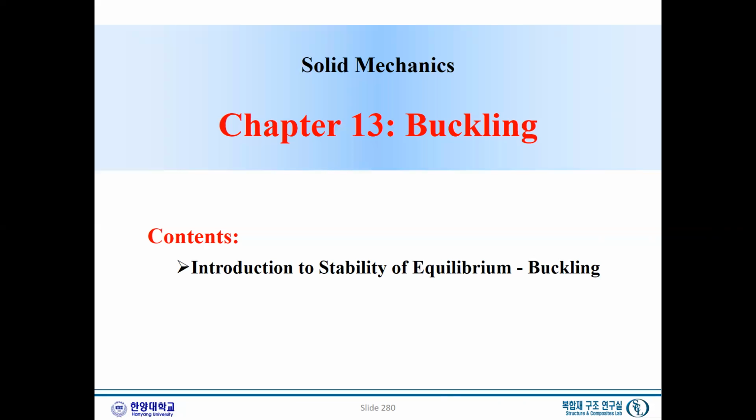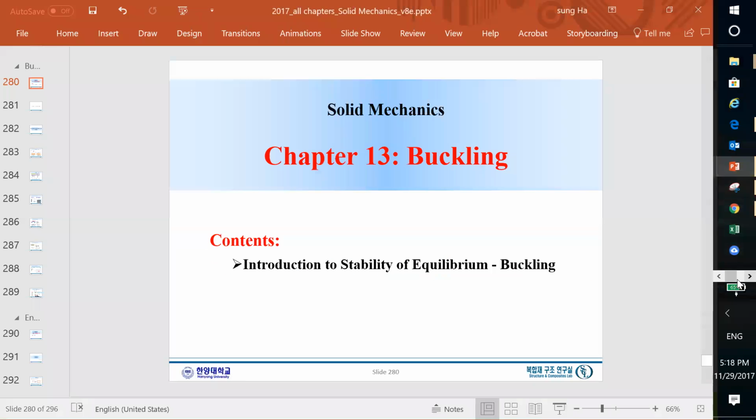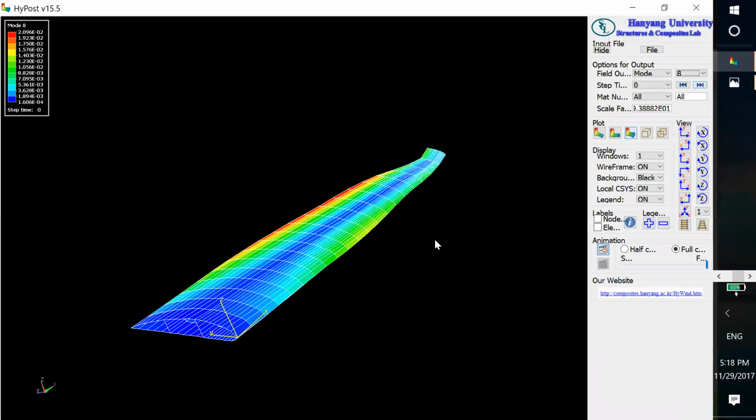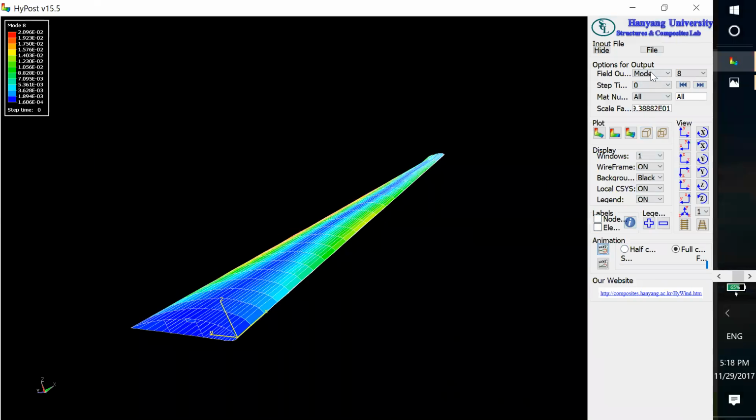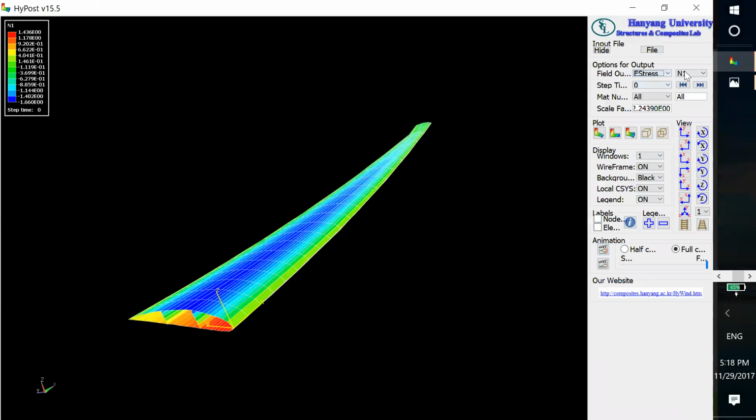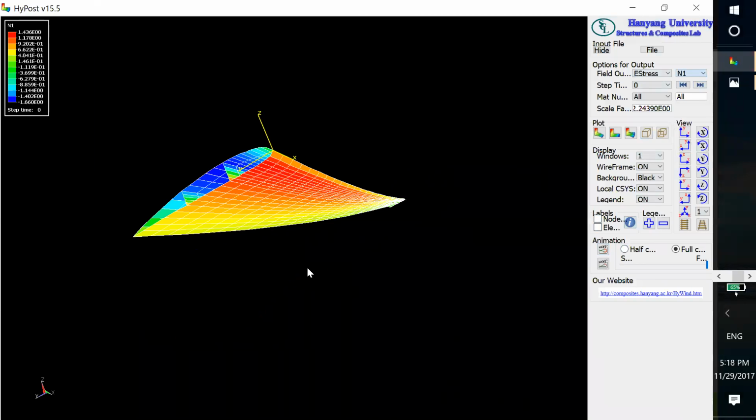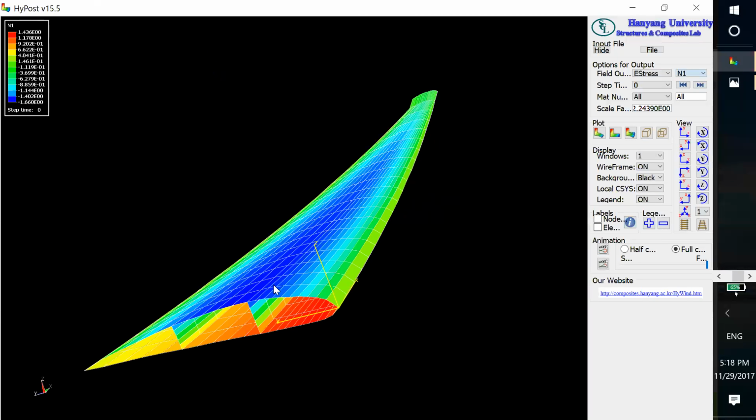That's what we observed from your study, right? See again, the top is what? Compression. Top is the minus, compression. On bending like that, it's a compression.